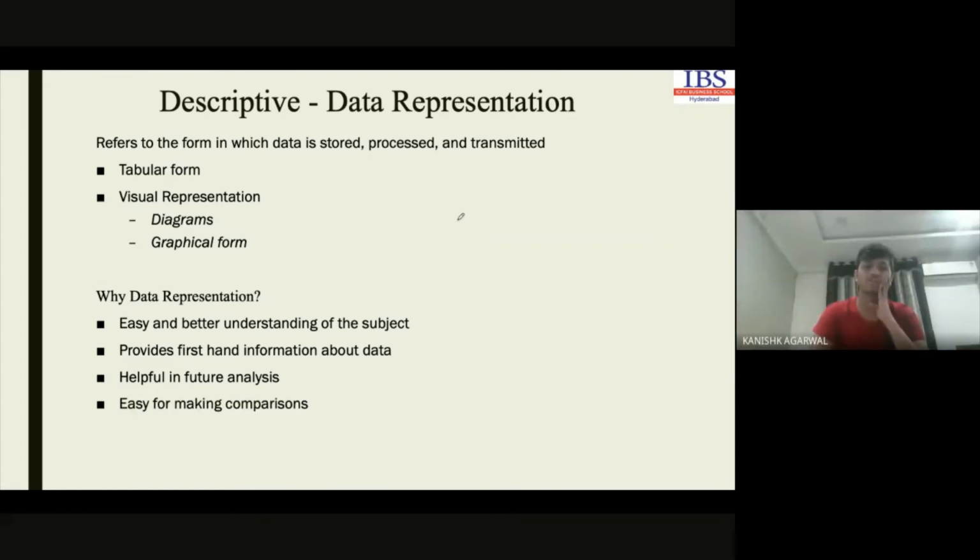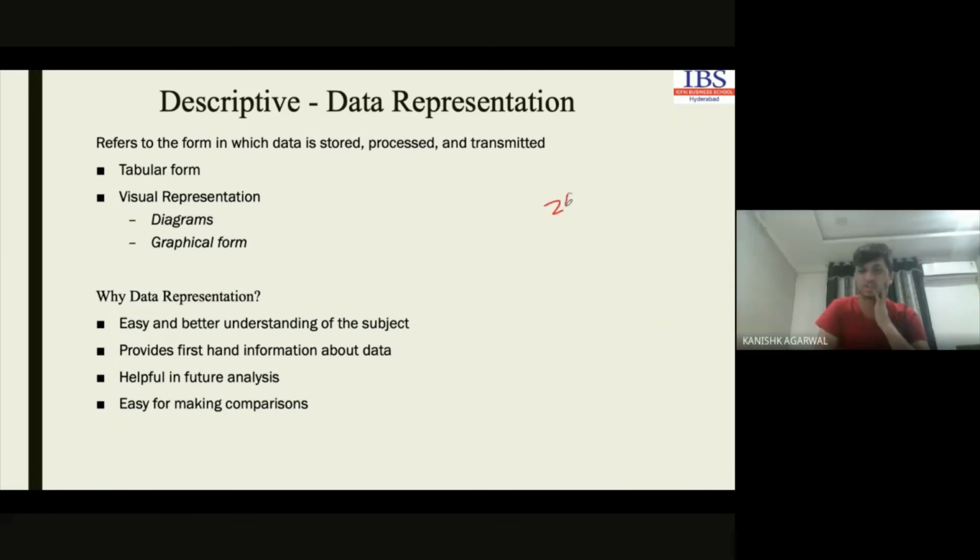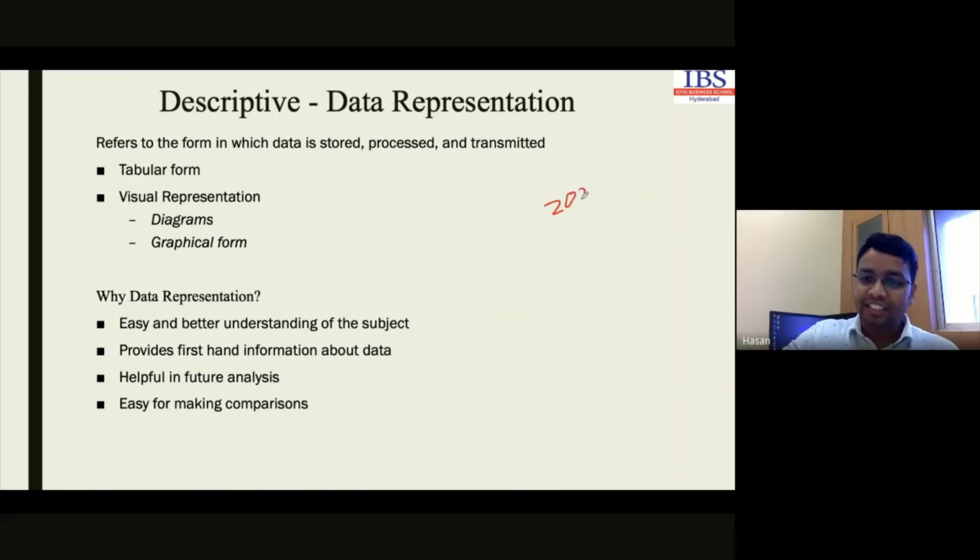Sir, but how is it helpful in future analysis? Future analysis means we have the data till 2021. So we can analyze the data. For example, we can consider the sales value of the company till 2021. From the sales value, the managers can decide the trend, whether we are making profits or gradually moving towards loss.